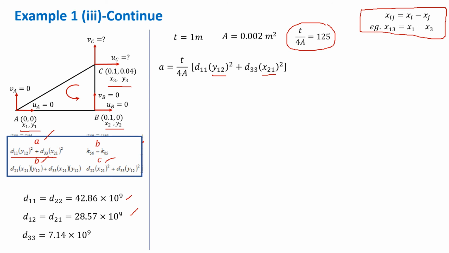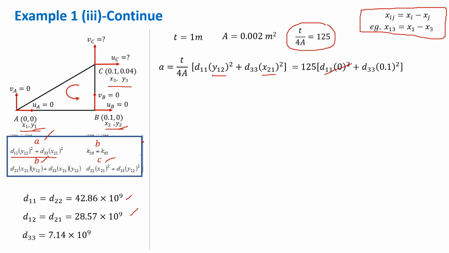Refer back to our coordinates. y1 is equal to 0 and y2 is equal to 0. Therefore, y12 is equal to 0 minus 0 equal 0. Thus, we can eliminate this term.